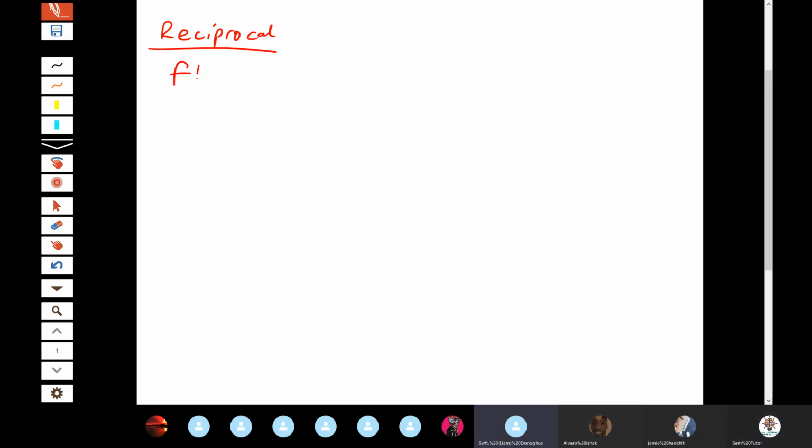Yeah, flip, swap. I think I get what you're saying. So reciprocal just means if I had a over b as a fraction, the reciprocal of that is b on a. So good word to learn because you'll be using that a fair bit in your high school life.